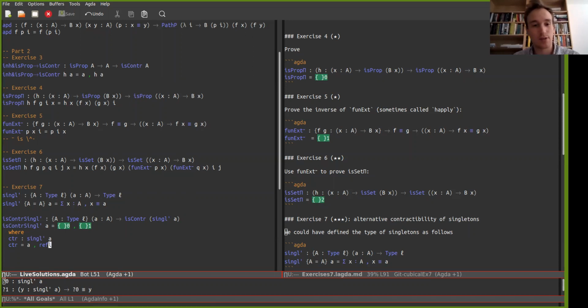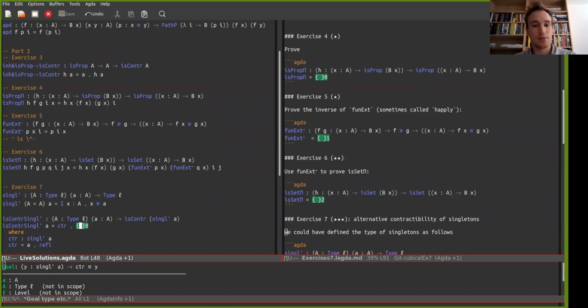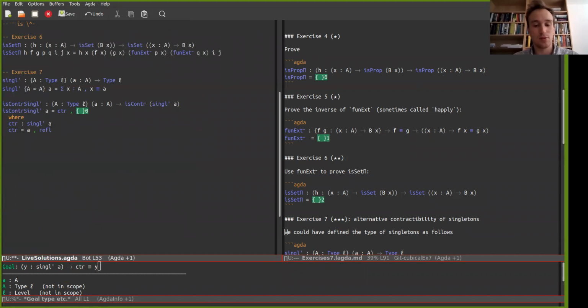So this is our center. And then we have to prove that everything else is equal. Construct a path to the center.